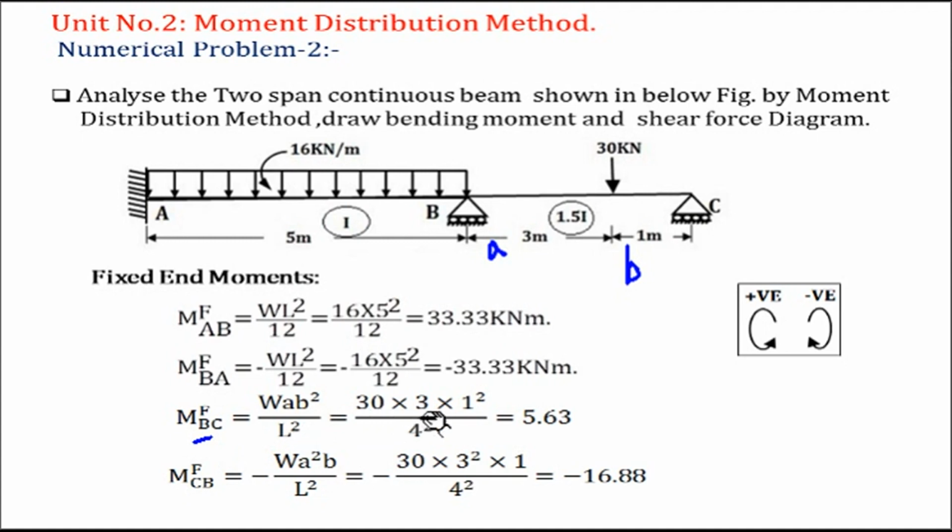Now W is 30, so 30 into 3 into 1 square divided by 4 square is equal to 5.63 kN meter. Now find the fixed end moment for end C. So MFCB is equal to minus W a square b divided by L square, equal to minus 30 into 3 square into 1 divided by 4 square, equal to minus 16.88 kN meter. So this is all about fixed end moment for span AB and span BC.